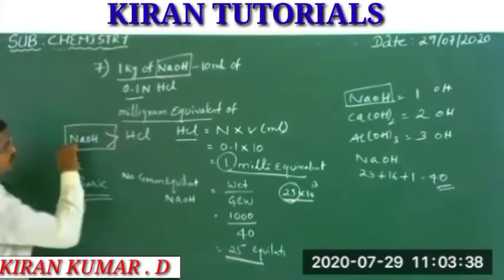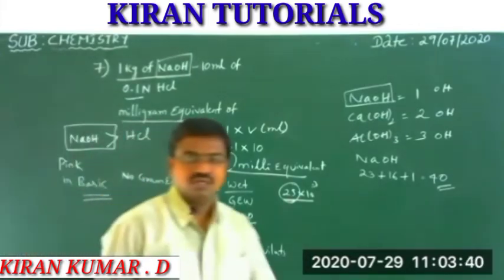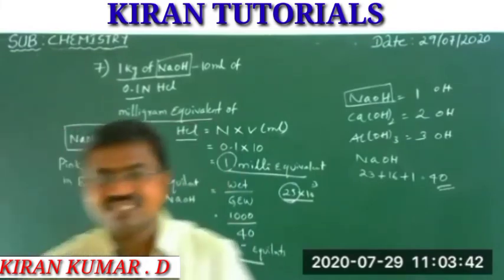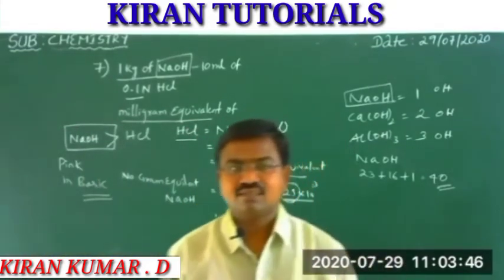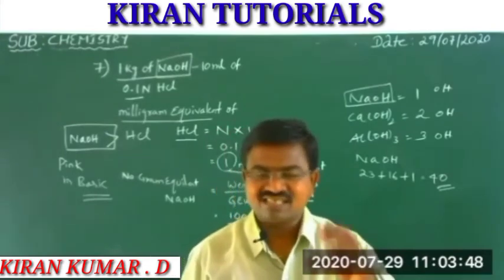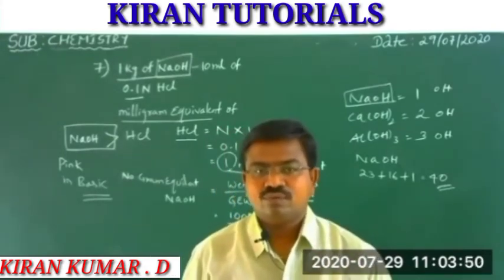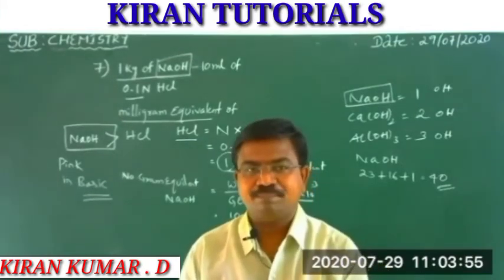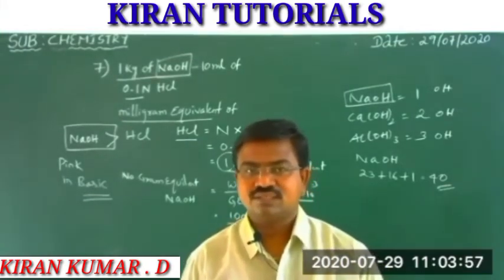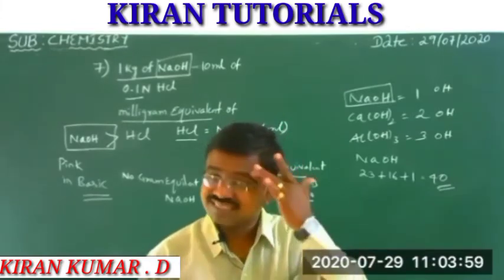Because sodium hydroxide concentration is more. If the sodium hydroxide concentration is more, then what about its nature? Basic nature. In basic solution, what is the action of phenolphthalein? Phenolphthalein is pink color in basic solution. Now clear? So that is the second option.